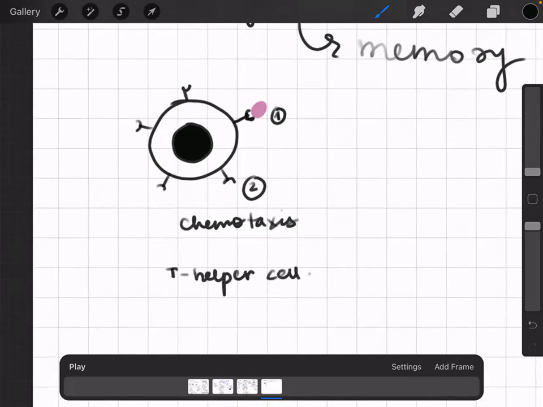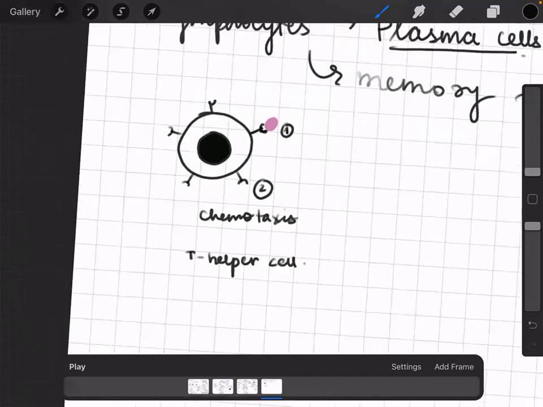And exactly like the name suggests, your T helper cell is going to help the T cell to go and kill the pathogen. That's literally in its name. What will the T helper cell do? The T helper cell will go and initiate a response so that the antigen can be killed.